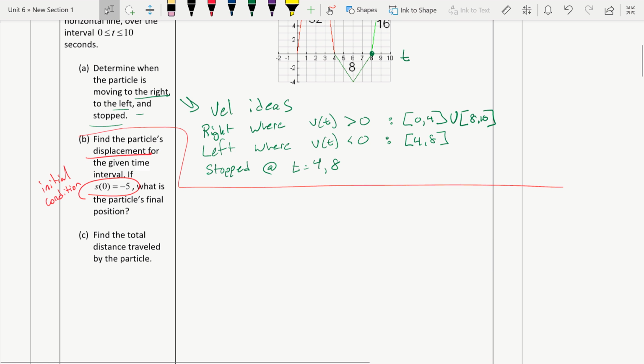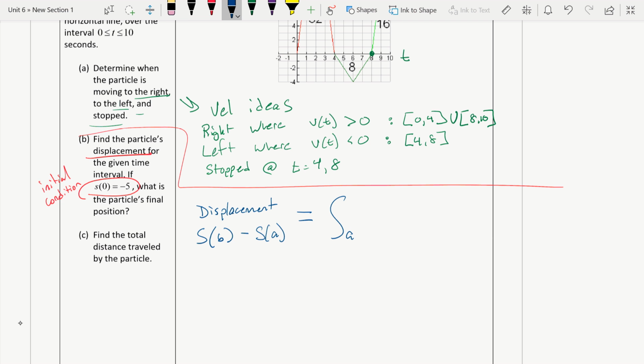So way back when, it wasn't that long ago, we said displacement, which is final position minus initial position, is the integral from a to b of the velocity function.